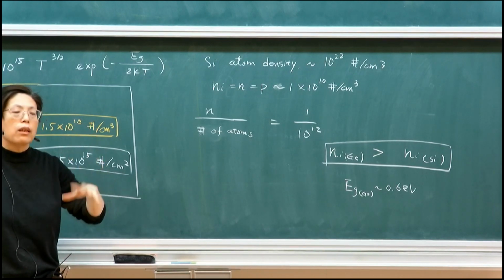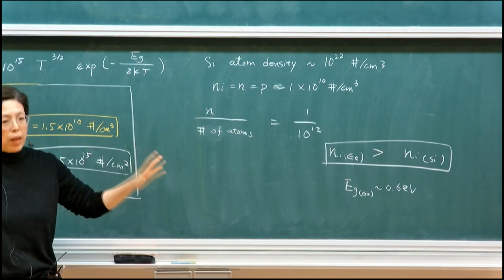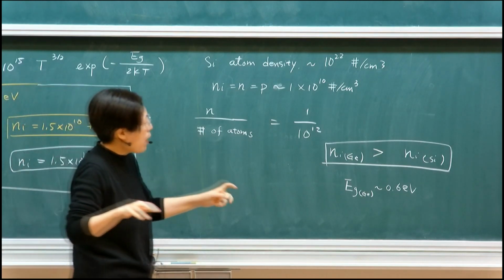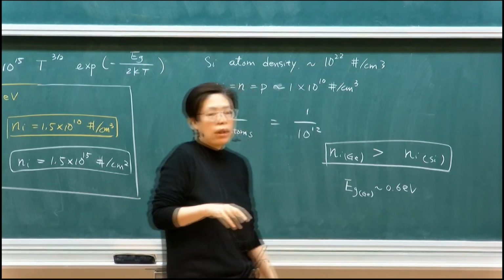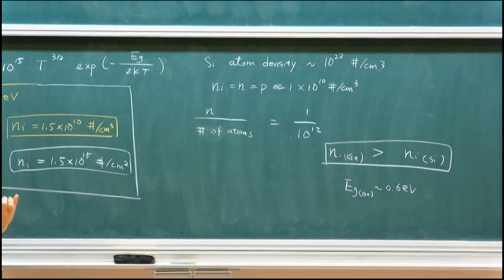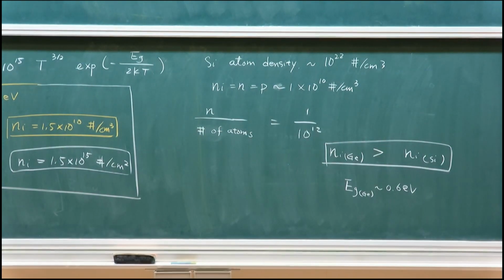Remember, it's the third layer. For germanium, it's the fourth layer. The further away from the atom, the weaker the covalent bond. Therefore, it has a lower energy band gap. Therefore, it's easier to break the bond in a germanium world. Think about this. If you're in a germanium world, the chances of winning the lottery are higher. Okay? Okay.